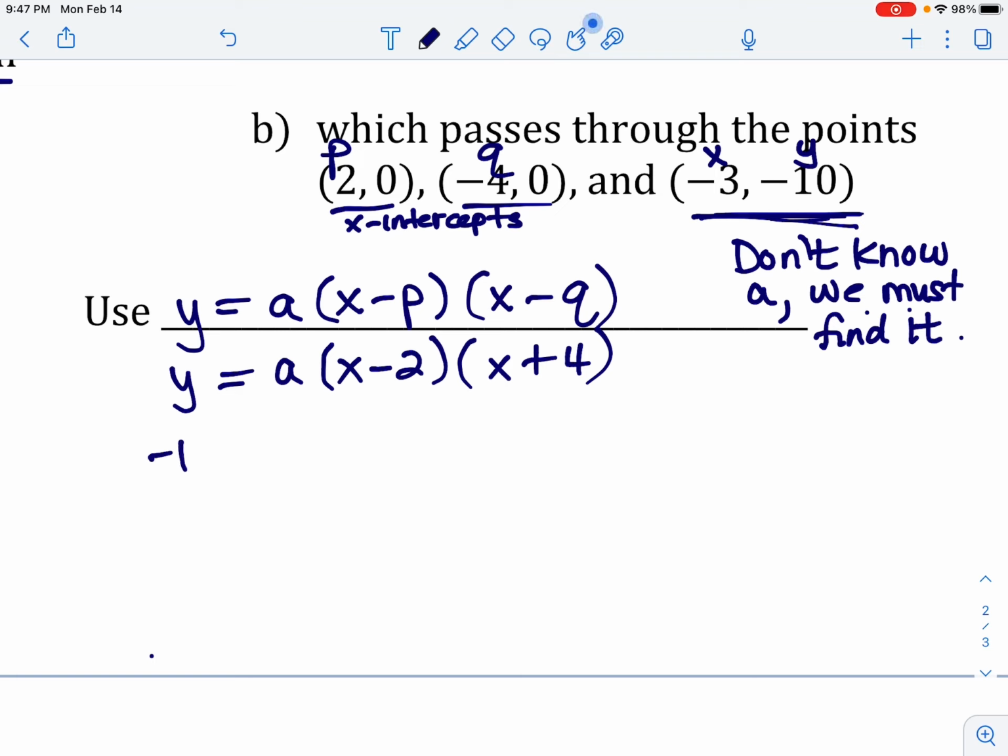y is -10, x is -3 minus 2, and -3 again plus 4. So all I did was plug in my x and my y.